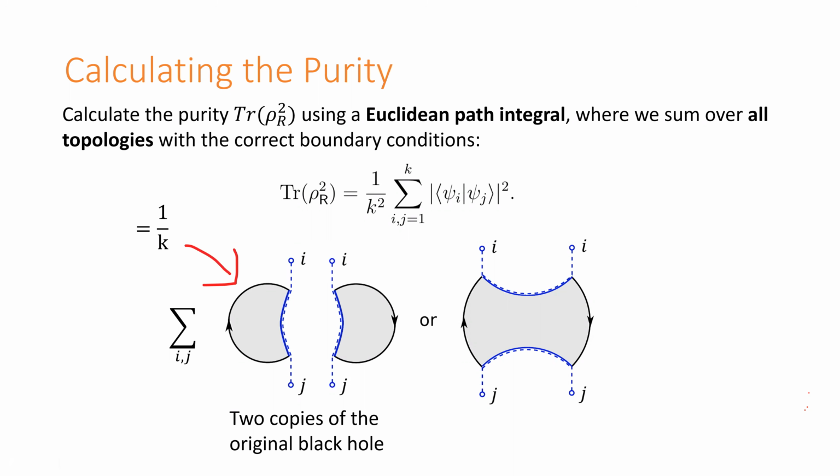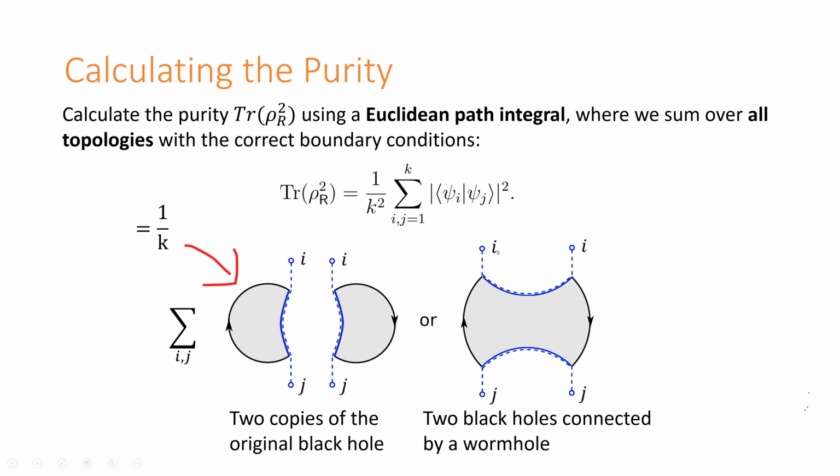And in fact, that's the exact answer because these Euclidean black holes cancel between the ones here that we're interested in and the ones in the denominator that come from normalizing our density matrices. Okay, so this answer, trace rho squared equals 1 over k, is analogous to the entanglement entropy being given by log k. But there's another topology that we need to consider.